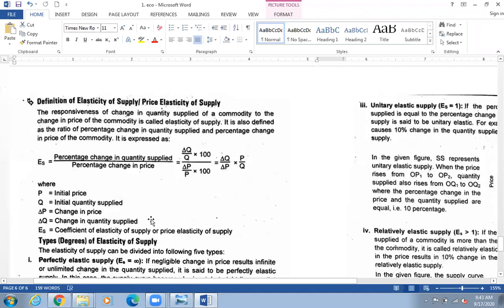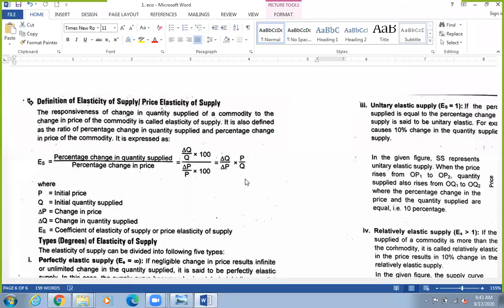Okay, so definition of elasticity of supply, or the price elasticity of supply: the responsiveness of change in quantity supplied.